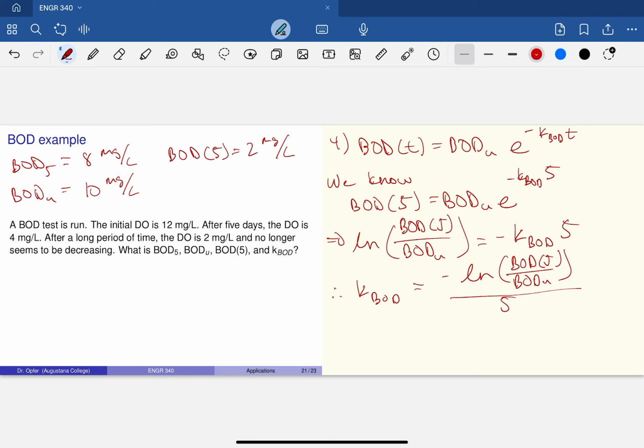BOD of 5 is exactly equal to 2 milligrams per liter. BOD ultimate is 10 milligrams per liter. And if we plug that in, we should get KBOD is approximately equal to 0.321 per day.